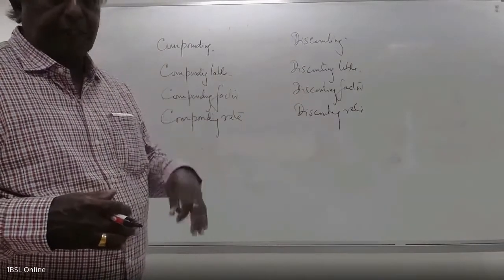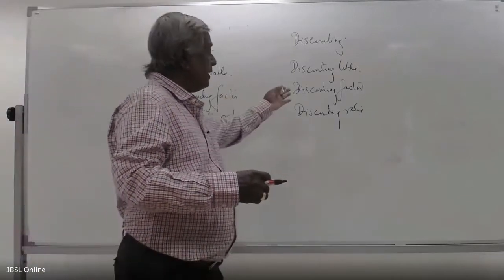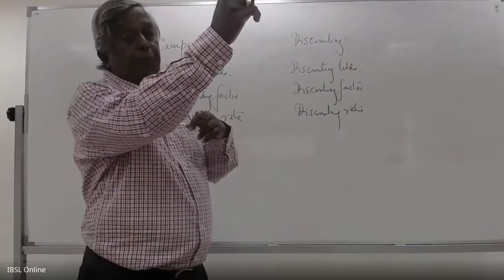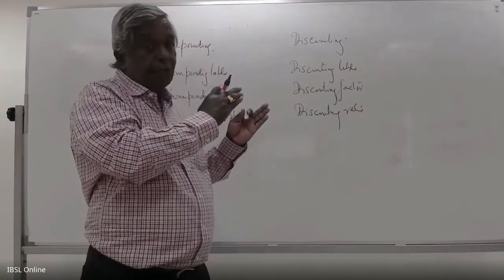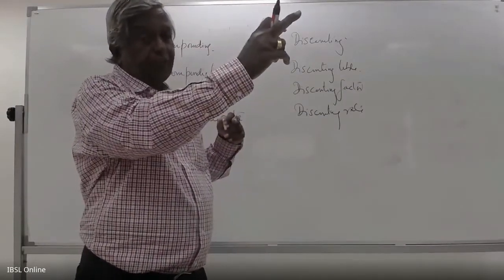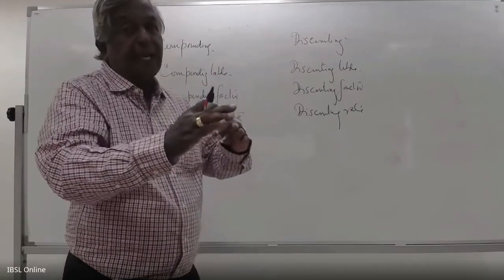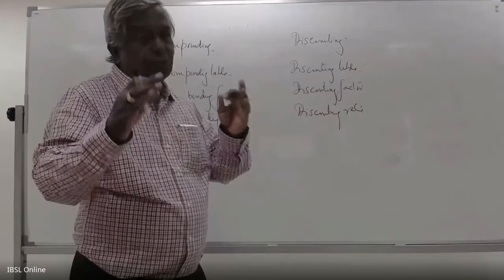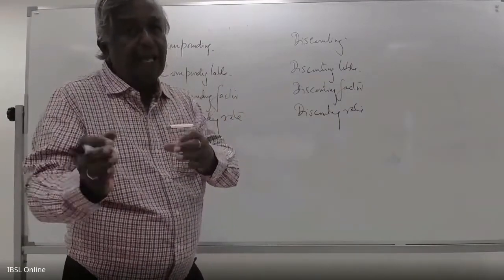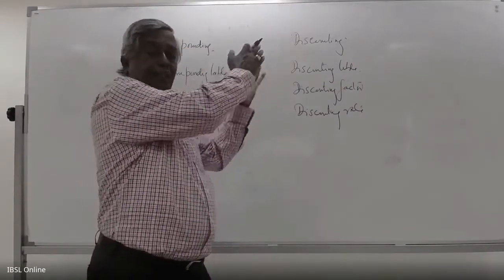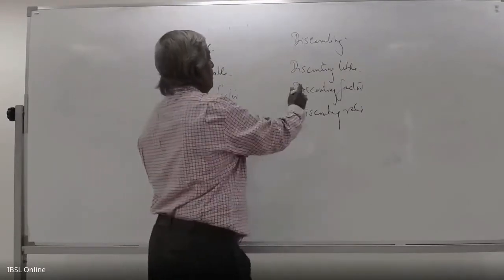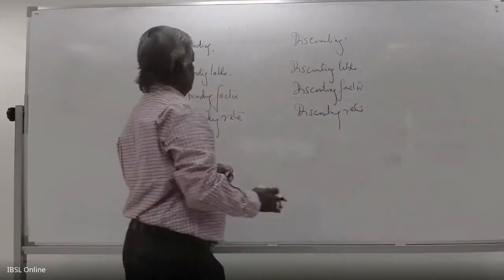The discounting factor is the present value of future 1 rupee at various interest rates and various periods. So calculate the discounting factor and multiply it with the future value. Then you will convert it into present value.